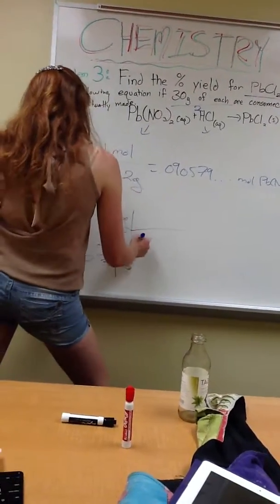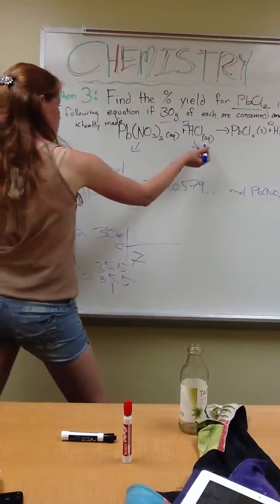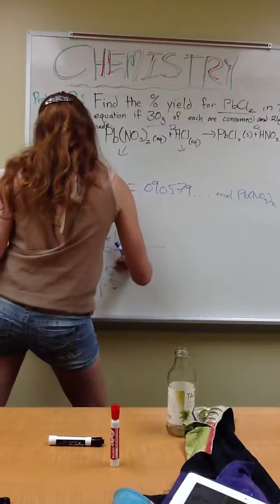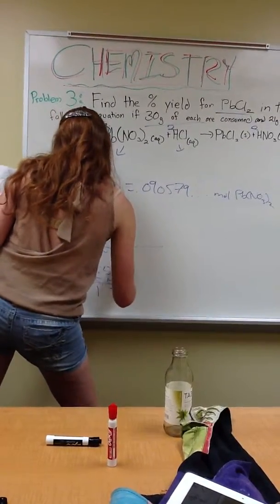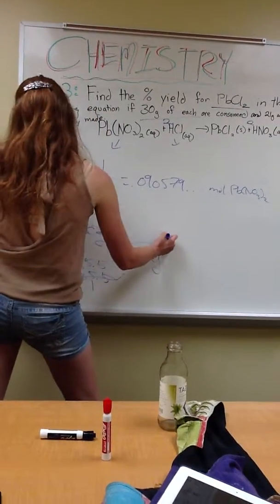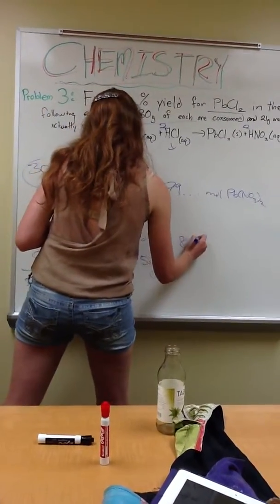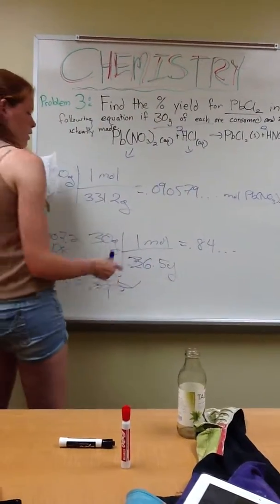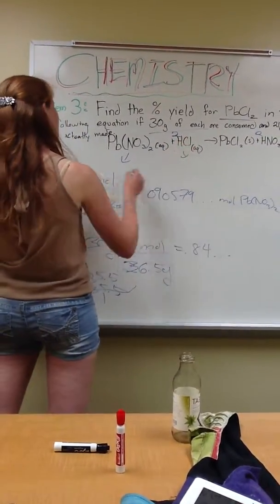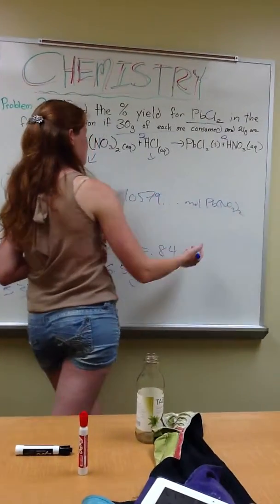So we're going to get 36.5 grams, which comes out to be 0.84, etc. So obviously we have excess of HCl, but we don't have a lot of the PbNO3.